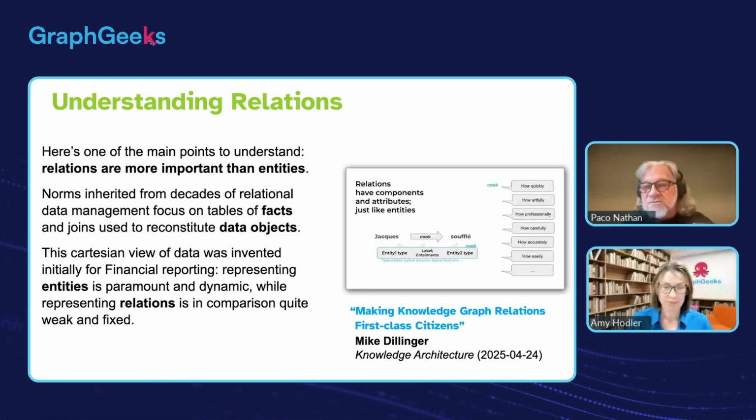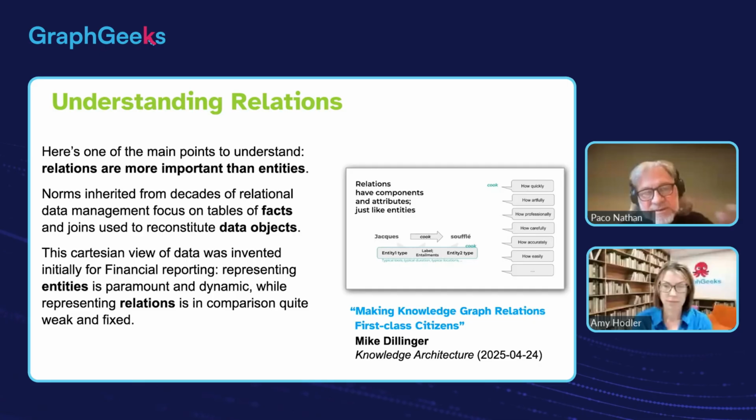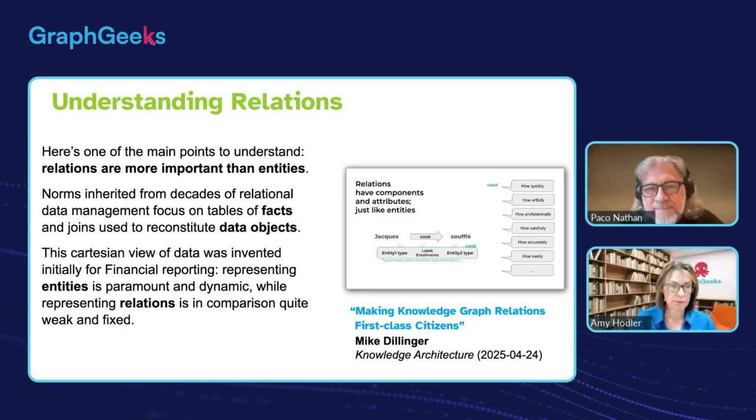Even though there's the name relation in relational database management, at the end of the day, most of the practices are about facts and fact tables and schemas that are relatively fixed. And the relations represented in SQL are kind of watered down intentionally.